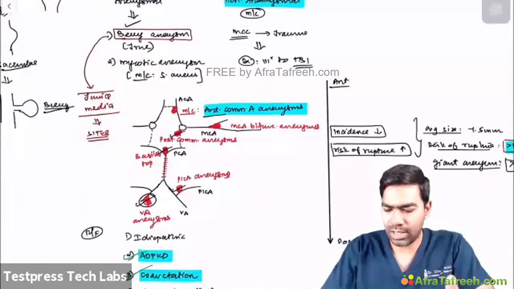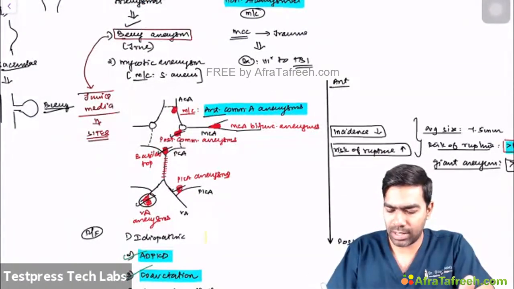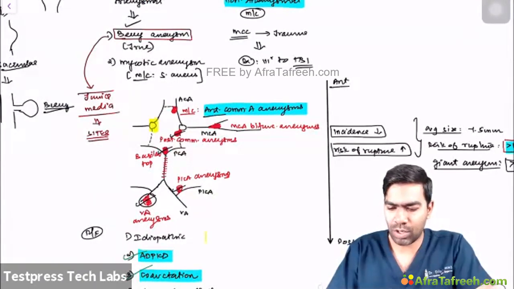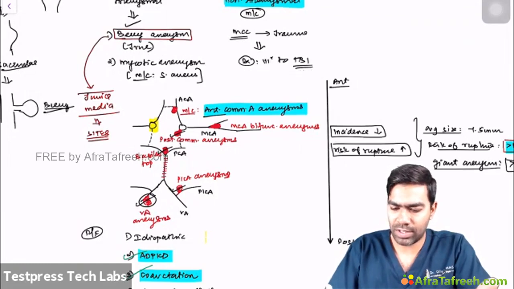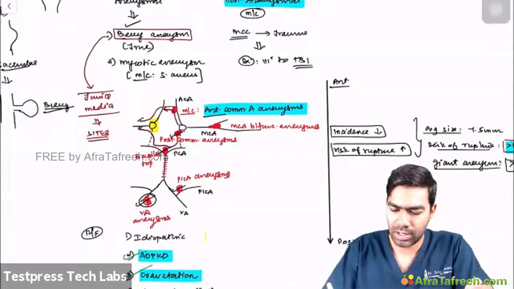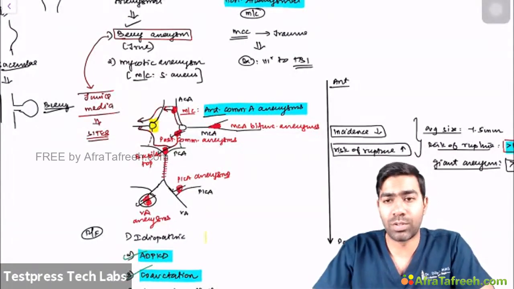So here you can see, even if I block the ICA level, so this one ICA, if it's gone also, there's a lot of chance that the other vessels can be supplied through the other part. For example, this ICA can give rise to ACA and MCA, and of course through the posterior communicating artery and the anterior communicating arteries, they'll be able to supply the other side because the anastomosis is very good.